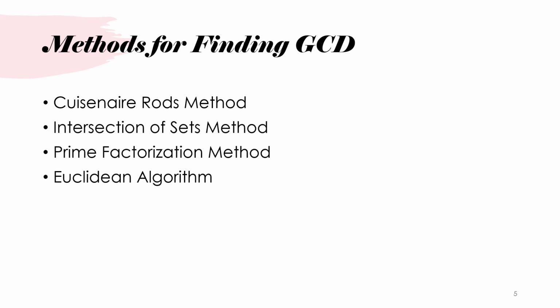I will tell you that for our test, I will be focusing on these top three methods, with more emphasis being put on the Cuisenaire rods and the prime factorization. So intersection of sets is fine. I just don't find it to be particularly more useful than the Cuisenaire rods or the prime factorization method.